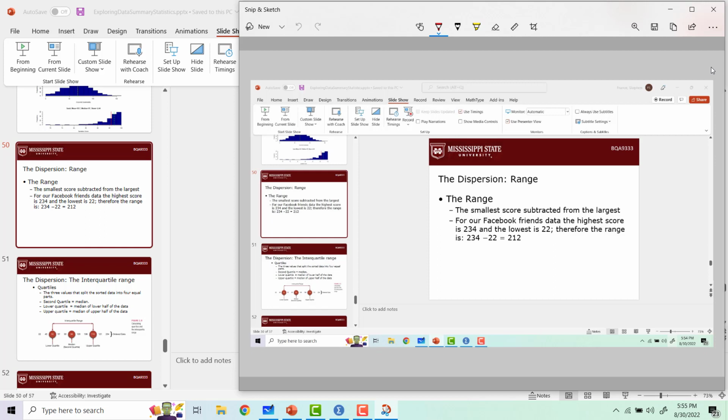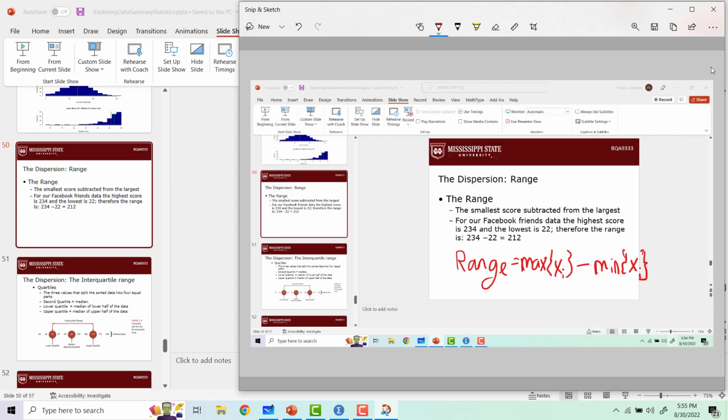We literally take the max value of xi minus the min value of xi. Let me just draw the brackets properly. And so, for example, here we have a high score and a low score, and it's the difference between the two.